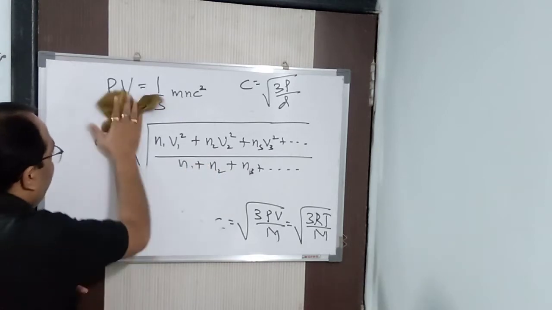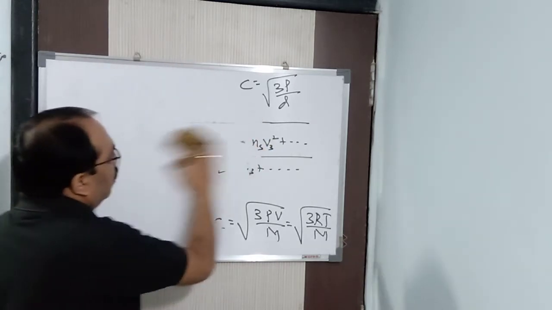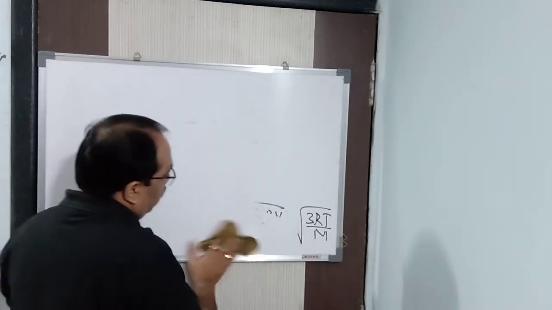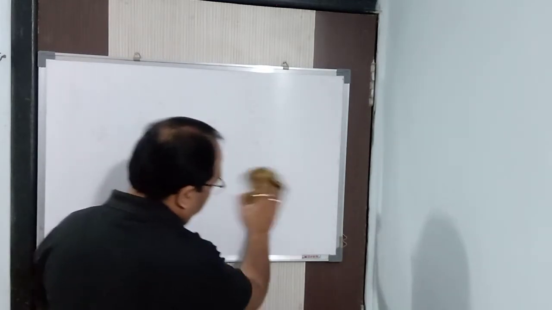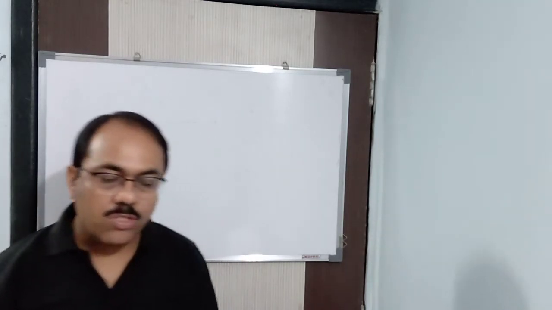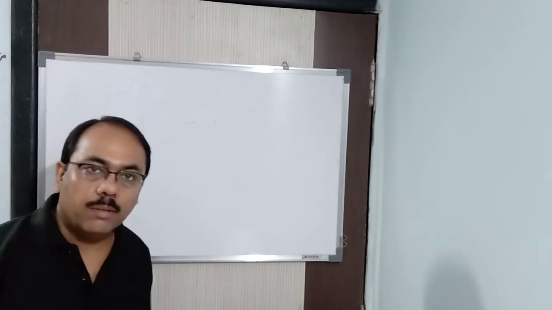Now, next, one of the postulates of the kinetic molecular theory of gases says that when the temperature increases, the velocities of the gas molecules also increase. That is, the velocity of the gas molecule depends upon the temperature. I am reading out that particular postulate.